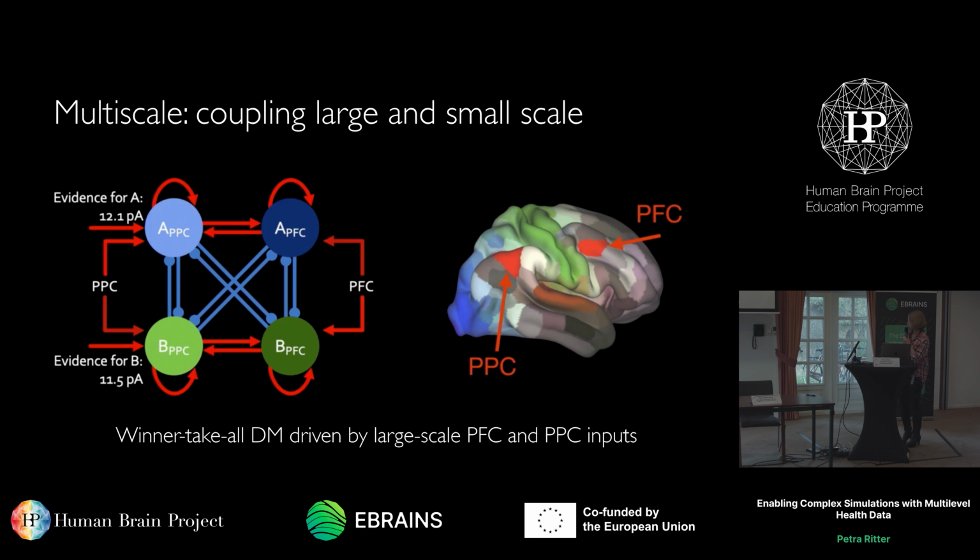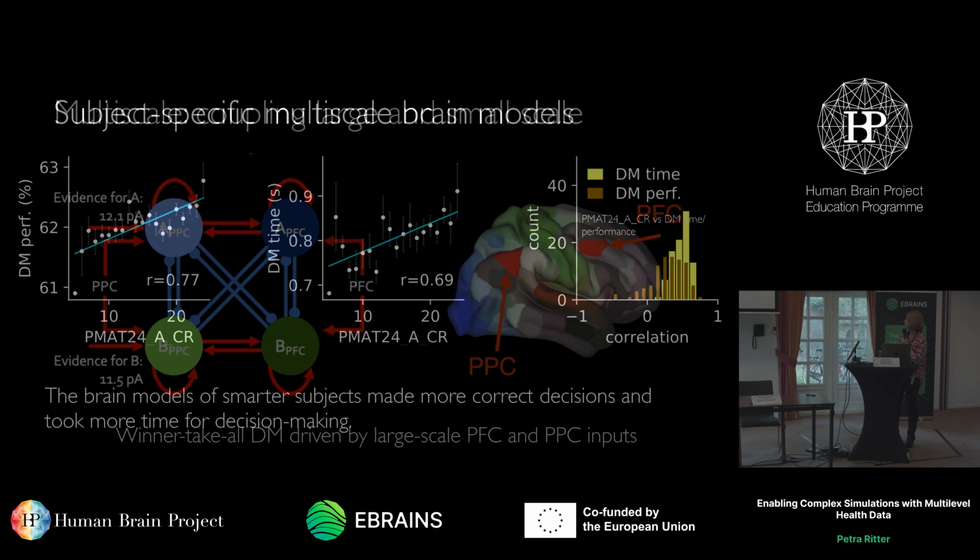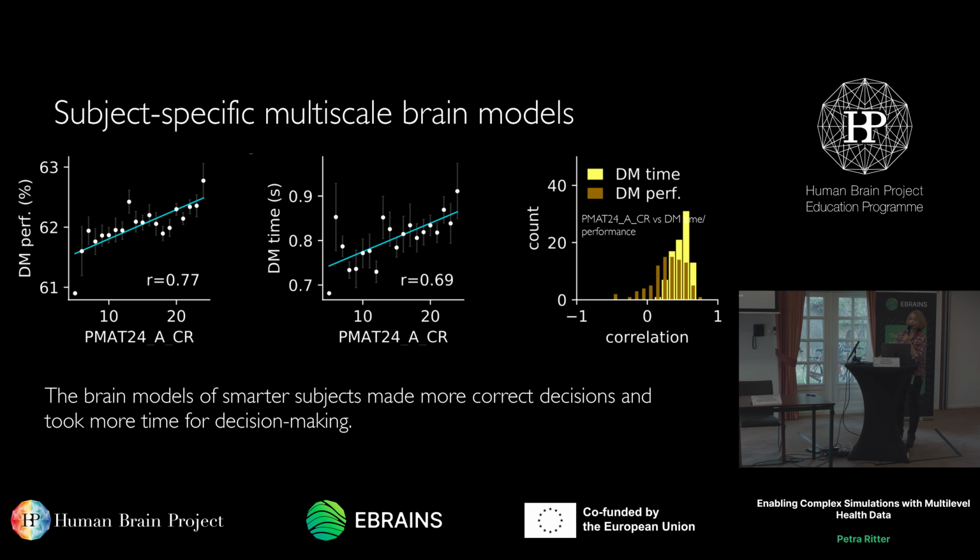So how would the circuit model function or perform in the individualized brain network models of our 650 individuals? This is the answer. Here it is written: the brain models of smarter subjects made more correct decisions and took more time for decision making.